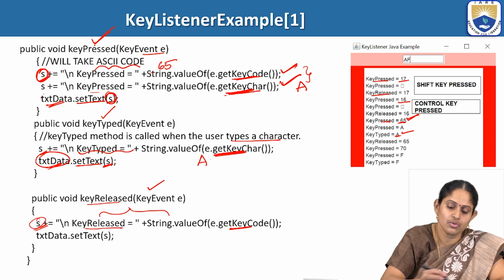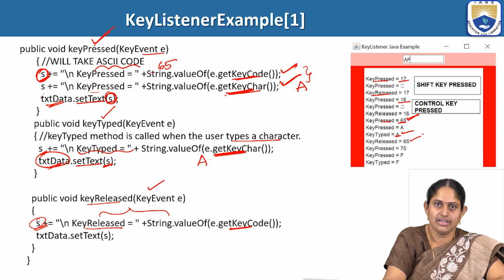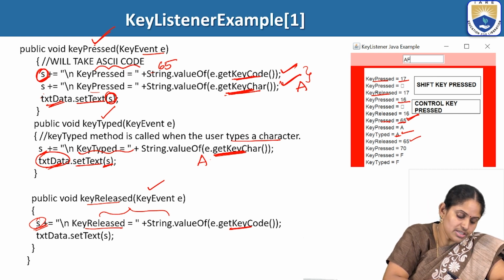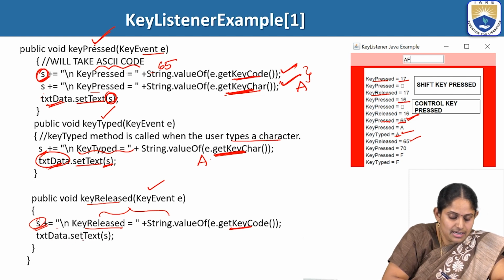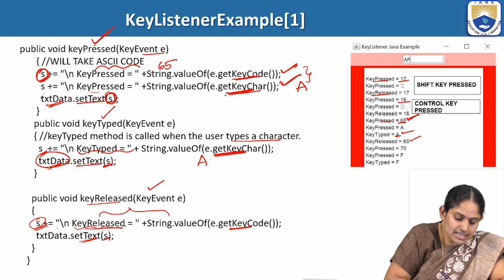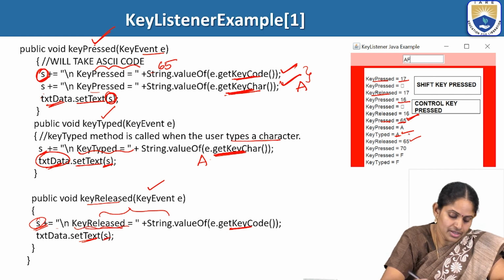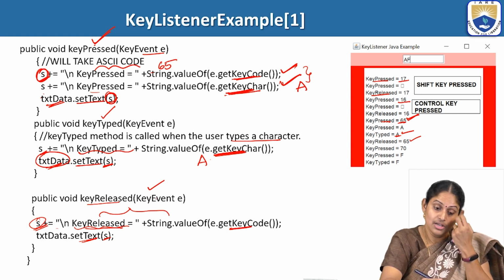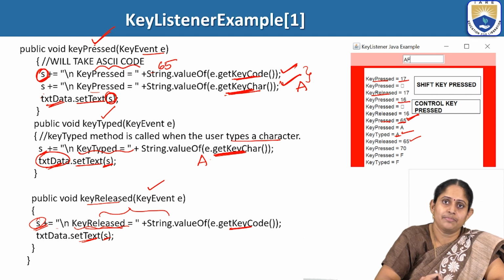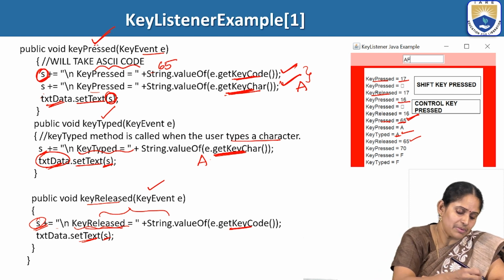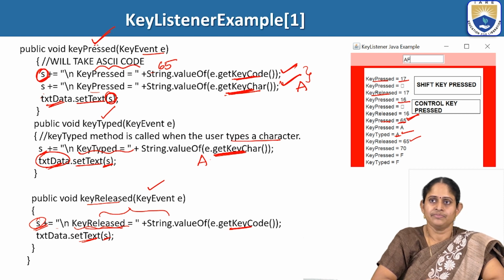So we get key released equal to 65, and once this message is stored into S, we display that text data, meaning the text area's text is set to this string. So only when we press character keys will the key typed method be invoked. For all the other keys, it will invoke only the key pressed and key released methods.